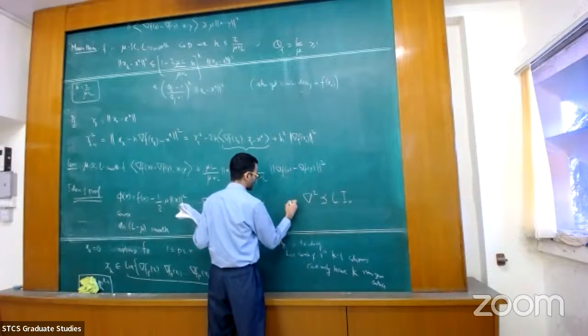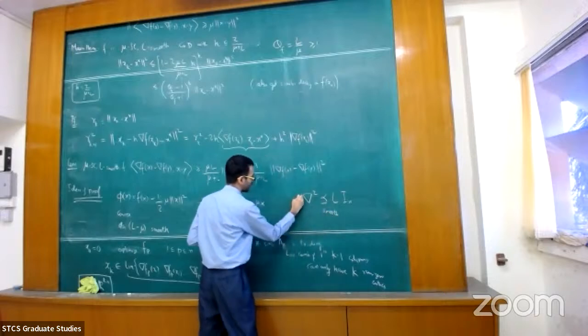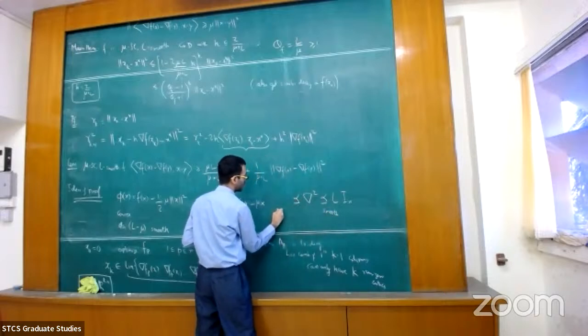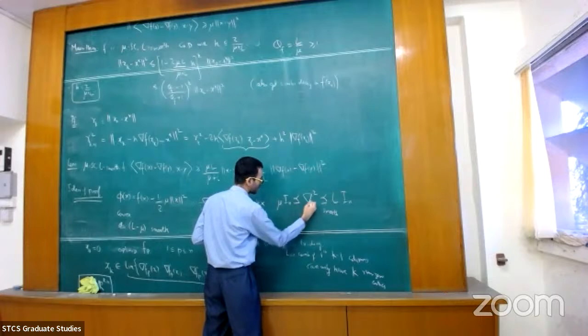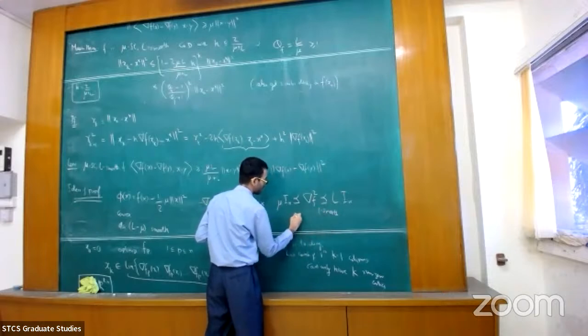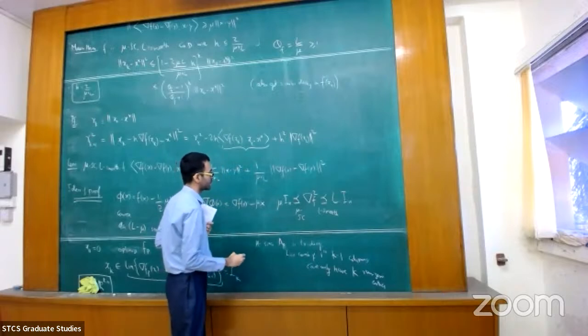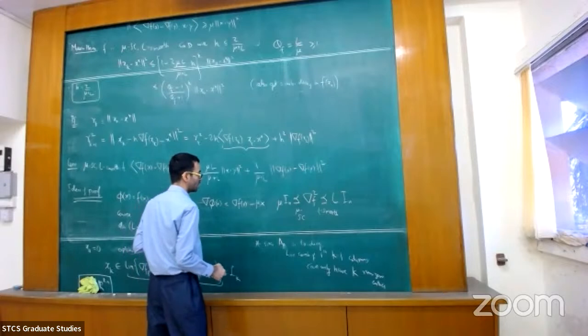So there's smoothness, and there's also the Hessian being at least mu times the identity under PSD ordering, and this is strong convexity. This is smoothness, and this is mu strong convexity. These are the equivalent conditions.